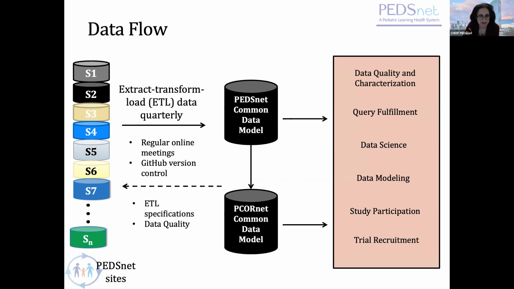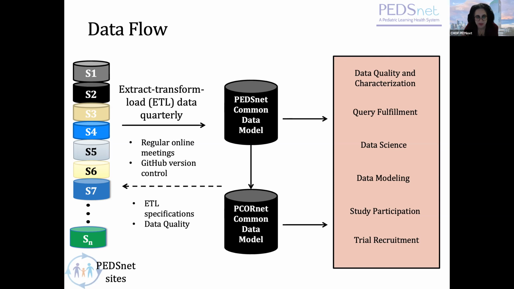In terms of the data models overview, this is the data flow in PEDSnet, in terms of where the data is going and how it flows. There are a number of sites in PEDSnet, and the data all get transformed into a common data model, and that's what we mean when we say the data model.